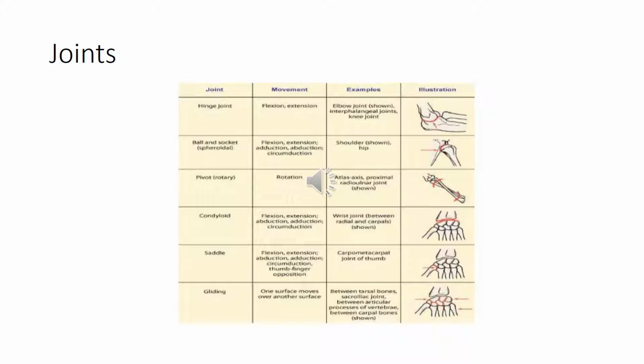So there are different classifications of joints, like immovable joints and slightly movable joints, and diarthrodial, which are freely movable joints. And the most common joint is the diarthrodial, or the synovial type of joint.